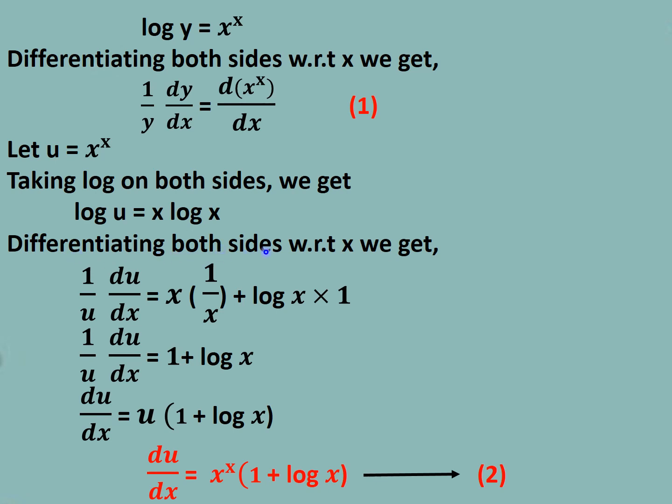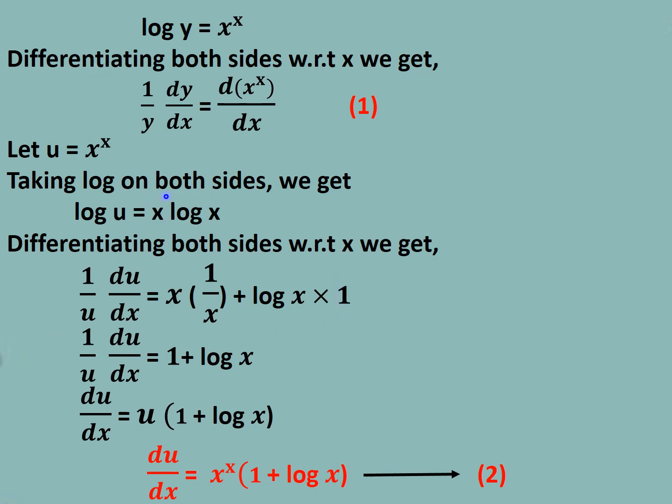Differentiating both sides with respect to x, we will get log u derivative is 1 by u into du by dx is equal to, here x into log x is the product, so the uv rule is applied. So x into derivative of log x is 1 upon x, plus log x into derivative of x, 1.